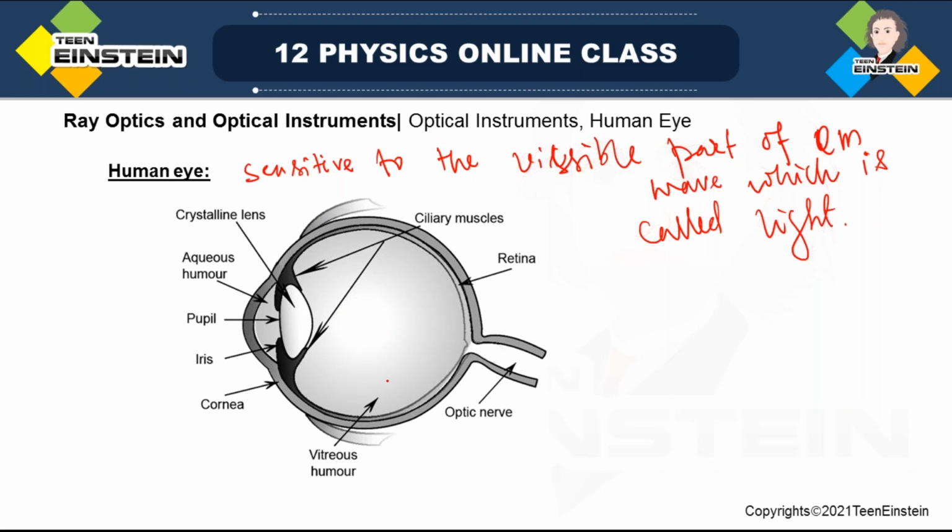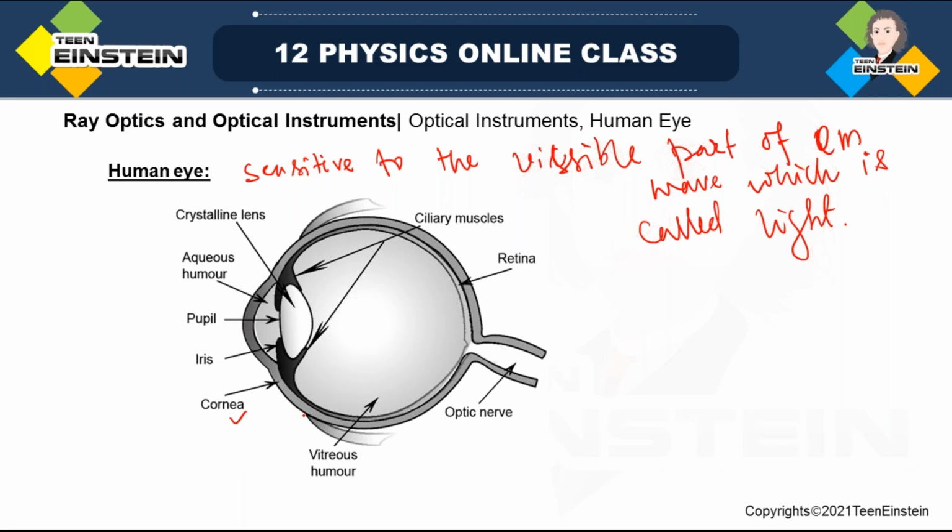We'll see the structure of the eye. There are many important parts in the eye. First is the cornea. So what is cornea? Cornea is a transparent membrane on the front part of the eyeball through which light enters.